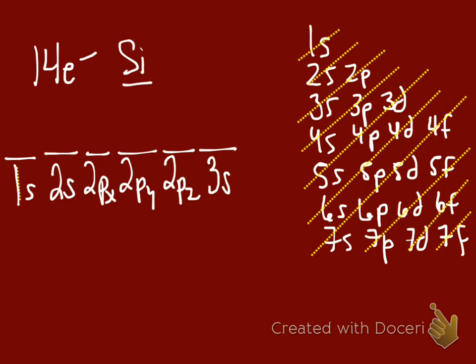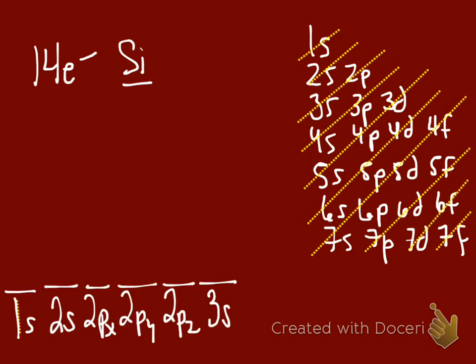What comes after 2p? 3s. 2, 4, 6, 8, 10, 12. And what comes after? I heard someone say 3px comes next. Well, that's true, but we have to draw the whole darn subshell. 3py, 3pz. Even when we're going to leave some of those blank.